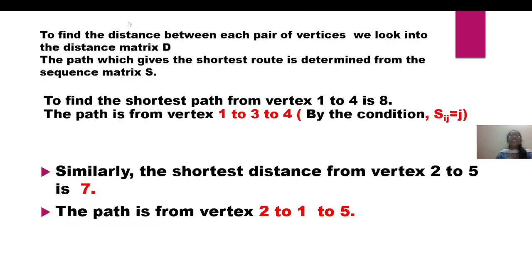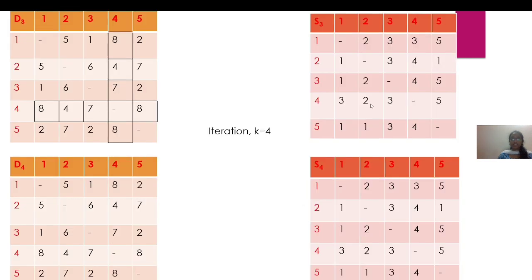Now, to find the distance between each pair of the vertices, we look into the distance matrix. The path which gives the shortest route is determined from the sequence matrix. Now, let us take an example. Let us find the shortest path from vertex 1 to vertex 4. So from vertex 1 to vertex 4, the distance was infinity.